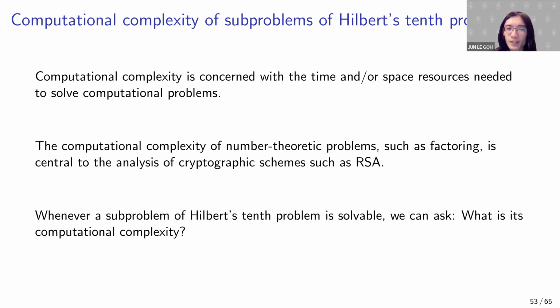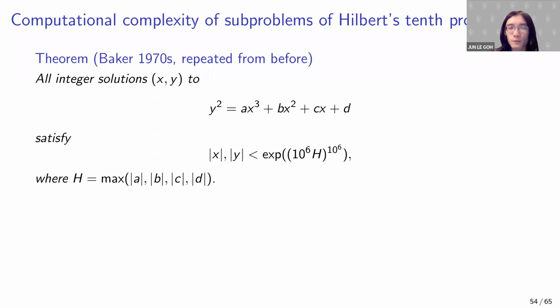So now, whenever we have some subproblem of Hilbert's 10th problem which is solvable, we can ask what its computational complexity is. That's a question where, again, there are many open questions here. I won't attempt to survey the field, but let me circle back to Baker's theorem that appeared a few slides ago.